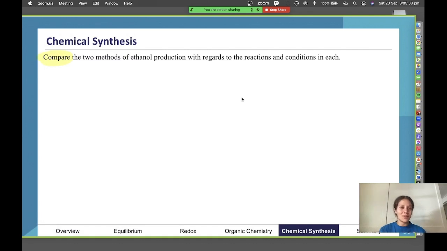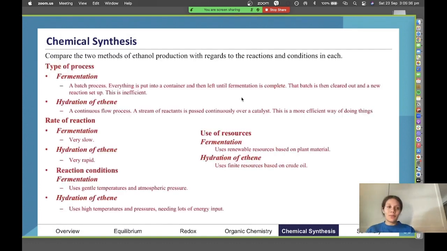Contrast is where we specifically outline the differences between two things. So we'll go straight onto the answer and have a look at this.